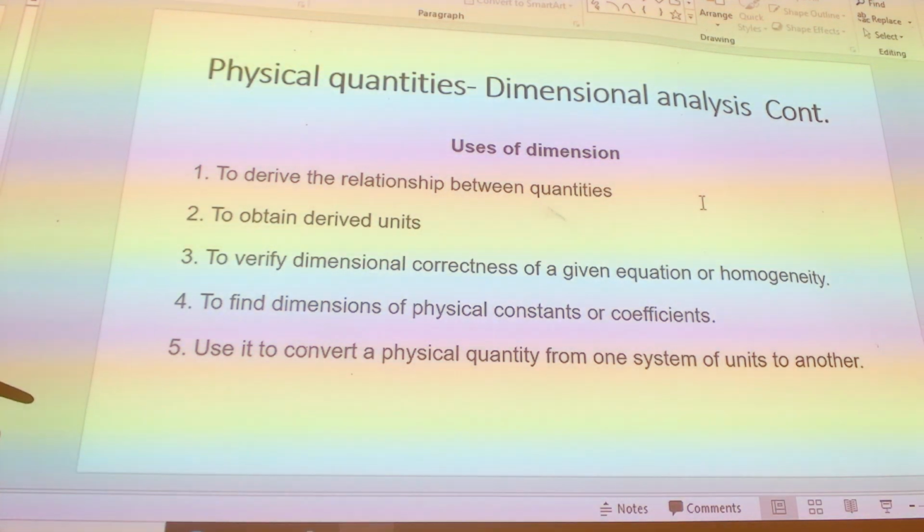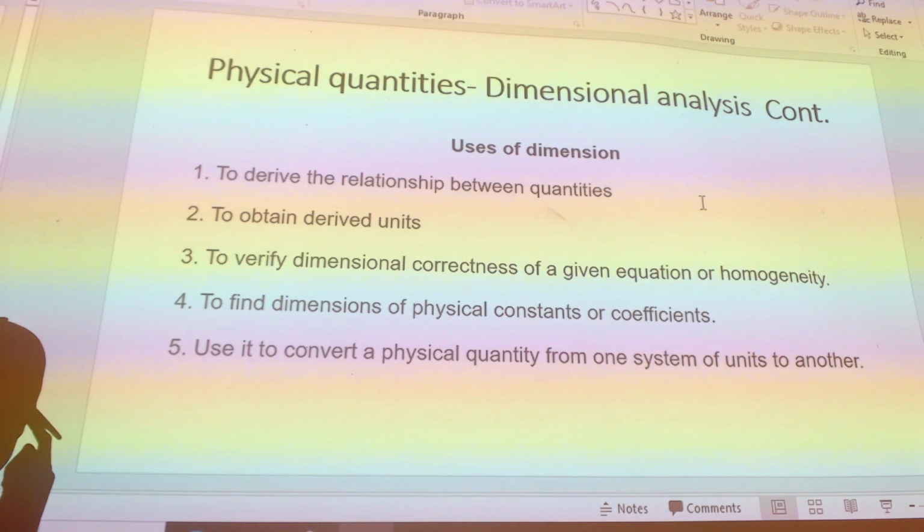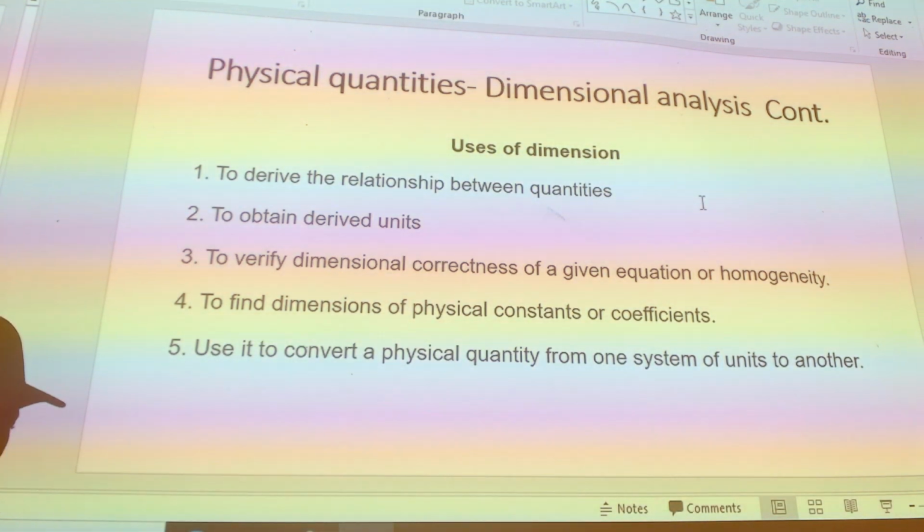The unit of length is meters, and the unit of time is seconds. So that gives us meters per second. This is how we find units using dimensions.